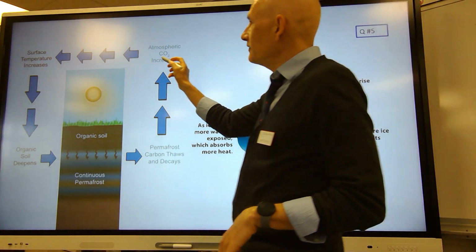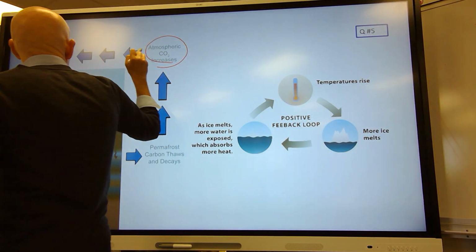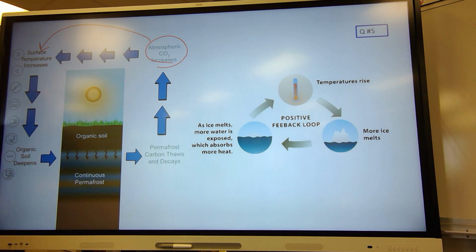All right. In the environment, we also have some positive feedback mechanisms that may not actually be good. As surface temperature increases with more CO2, up in the Arctic your permafrost becomes not permafrost. Permafrost means permanently frozen. That permanently frozen soil traps methane and CO2.